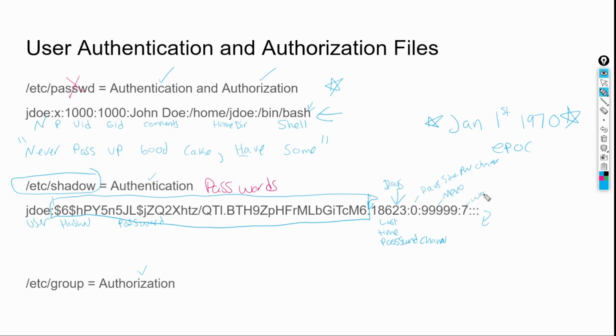So we'll just put warning. That's their window. Once they receive notification that they need to change their password, they have 7 days to do so. And these last two values here are actually blank. The first blank one represents the number of days after the password expires before the account becomes inactive. And this one represents the number of days, again, from January 1st, 1970 until the account expires. So that's the expiration date.